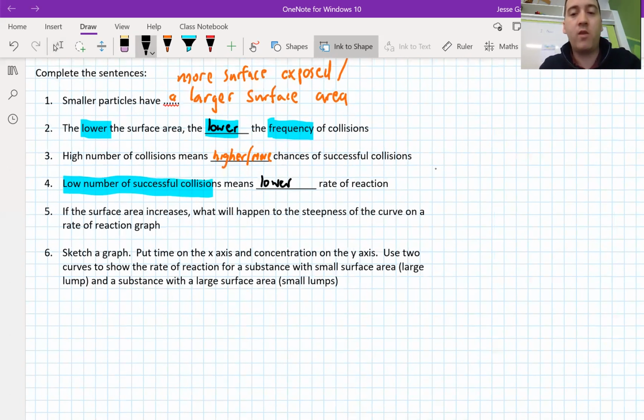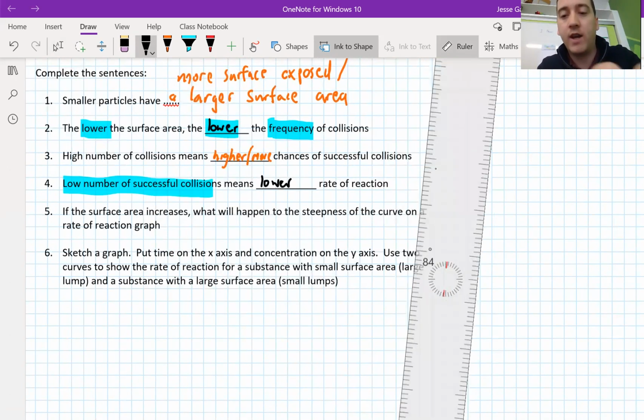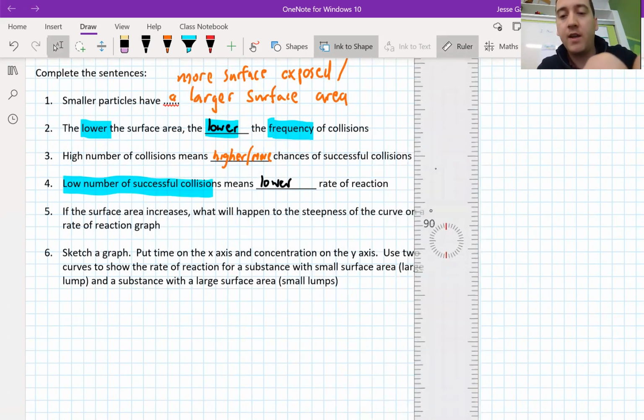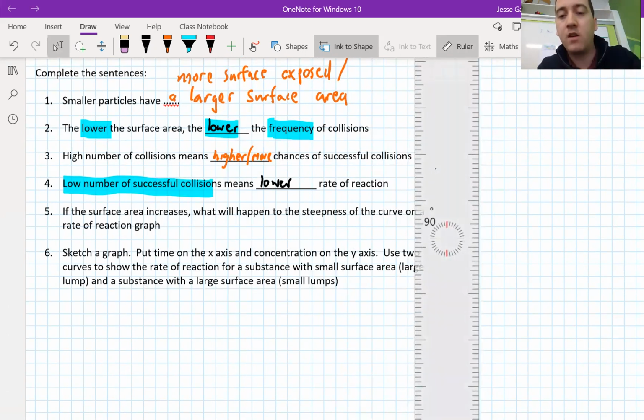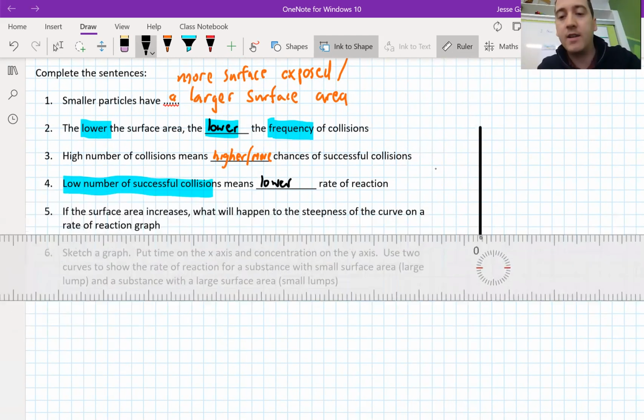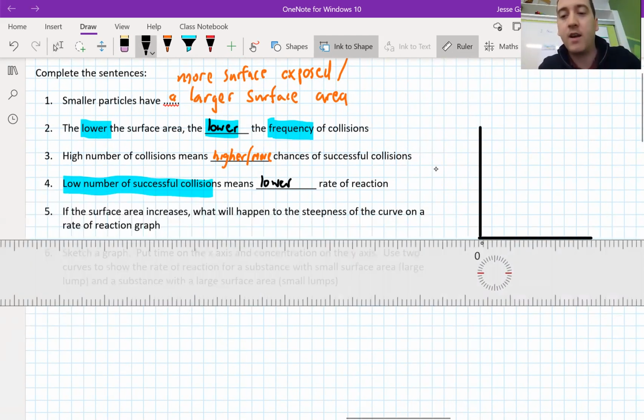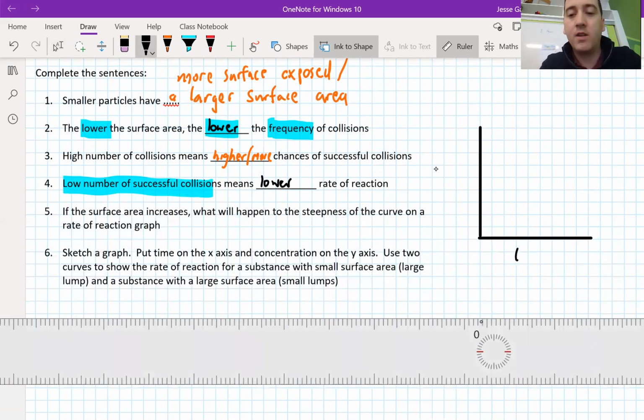Okay, so really quickly, I'll remind you what this graph looked like. I'm just going to get a quick ruler out just so that it's somewhat tidy. I'm only sketching the graph. I'm going to put a y-axis and an x-axis there. Here I'm putting time, and here I'm putting concentration. I'm just going to shorten the word concentration to conc.